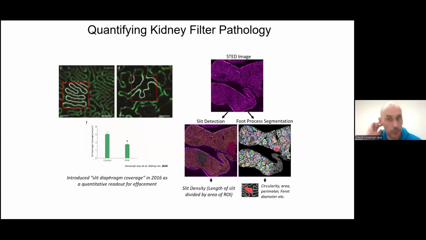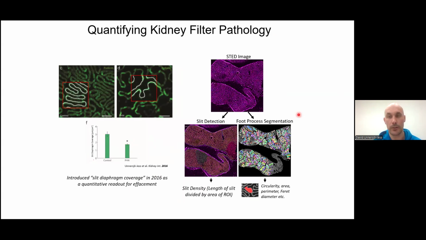And this had some advantages. We can image samples in 3D, and we can cover the whole capillary surface in this way. By developing quantitative tools, like semi-automatic segmentation tools, we could extract quantitative parameters that describe pathologies in these structures.